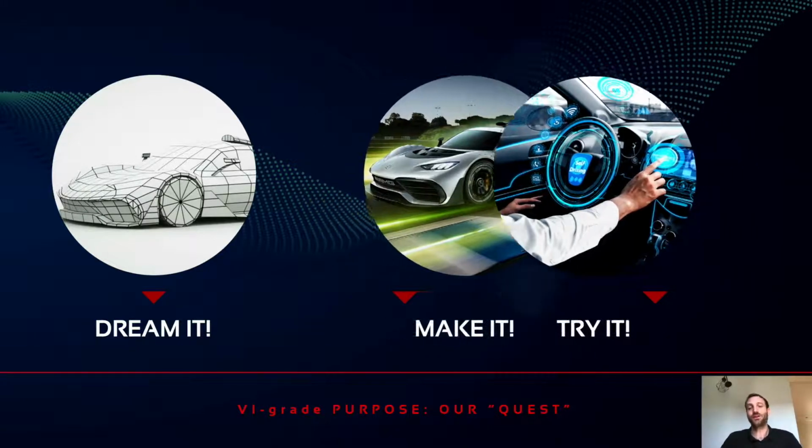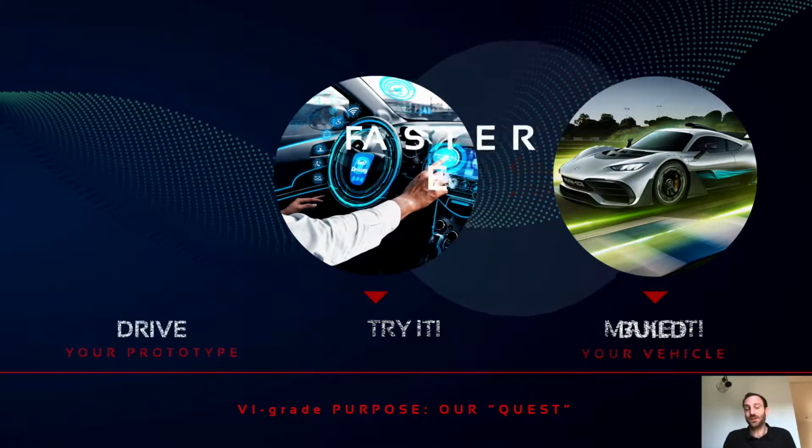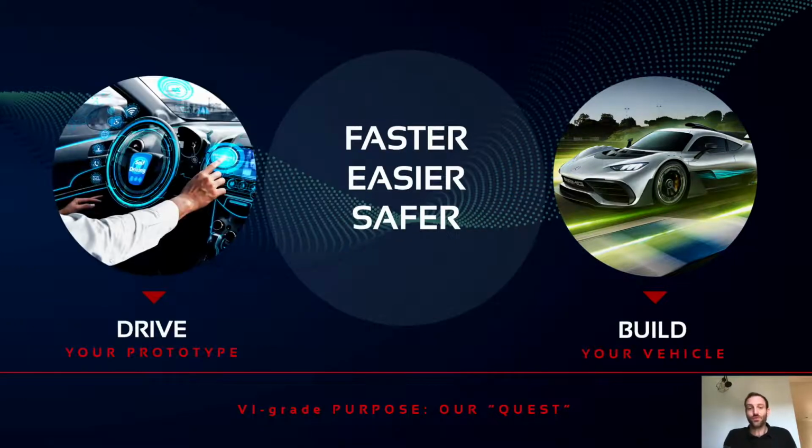We want to break this paradigm, and give you the opportunity to try your vehicle right out of the first dream you have, or the first design. So basically you can drive your prototype for a faster, easier development process, and then you can test and develop everything before building your first ever prototype on the track.